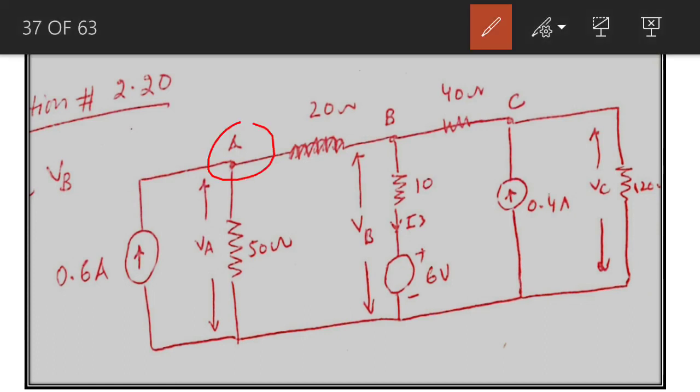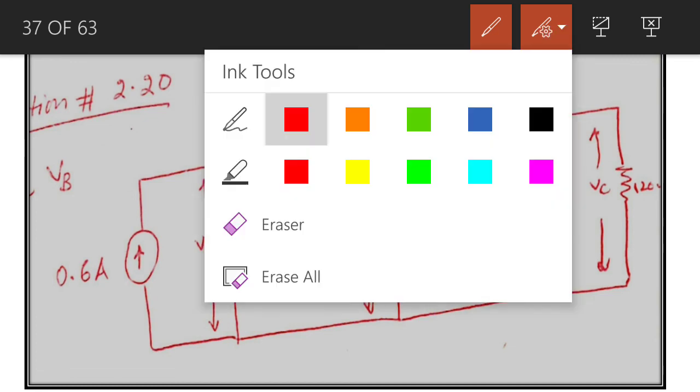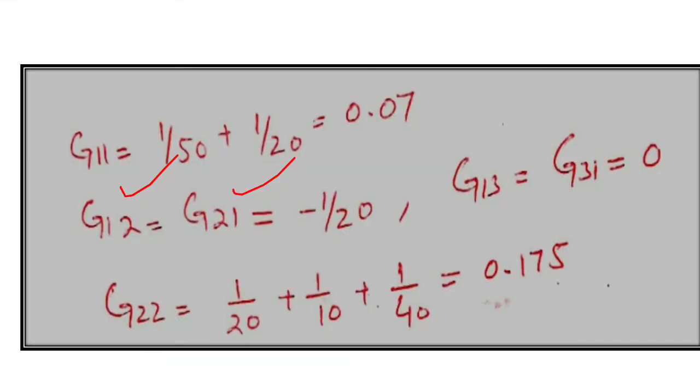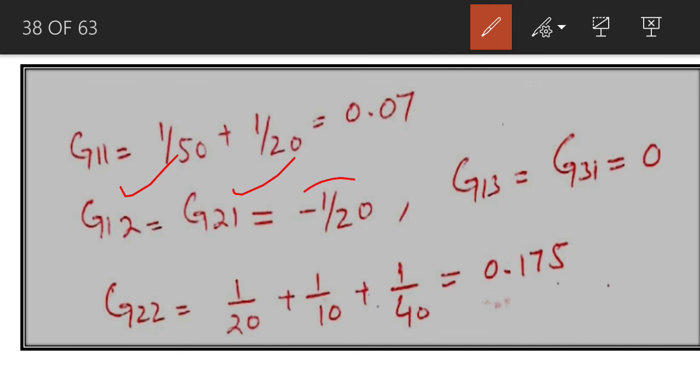Here is the first node. Here is the second node, and this resistor has been connected to the first as well as the second node. So G12 as well as G21 is minus 1 over 20.